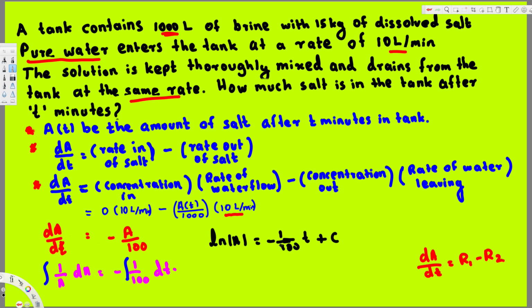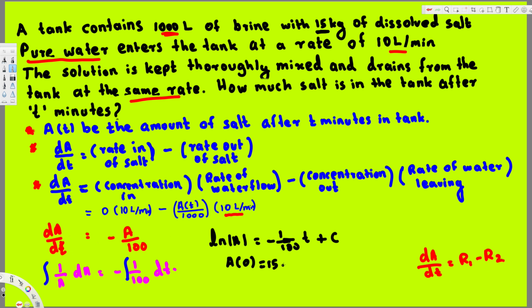Now to find the particular solution for this differential equation, we have to solve for this C, but we need some information, right? If you notice the question here, they have mentioned the tank contains 1000 liters of brine with 15 kilograms of dissolved salt. So initially we have 15 kilograms of salt, so we can say that A(0) = 15.